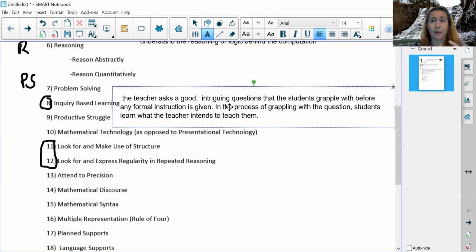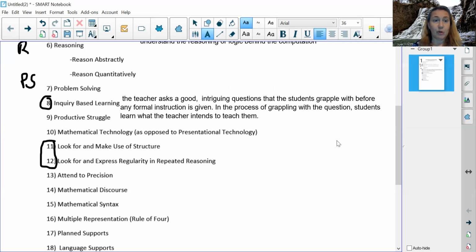You give the students a problem, they play with it, and then in the process of that, they learn what the teacher is hoping for them to learn. And therefore, the teacher's job is to ask a good question and provide a good summary at the end, right? And then the students do all the work of learning. So that's really an ideal way to teach. I'm going to try to teach you in that way. And most of the lesson plans that I'm going to model for you are inquiry-based learning types of lessons.